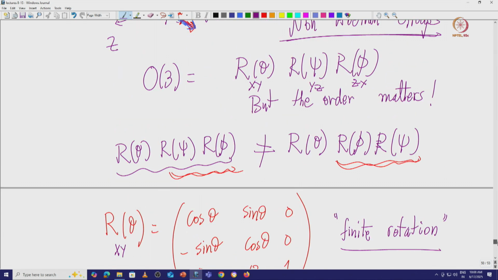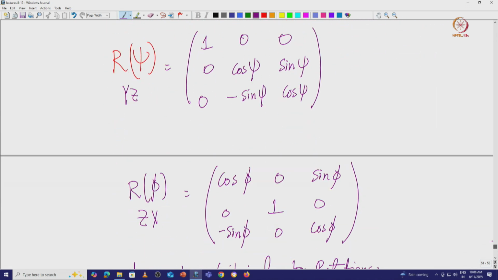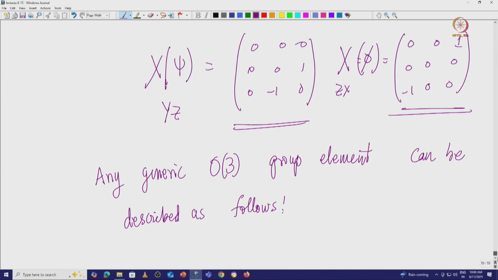There is always an identity element in the orthogonal group, an identity rotation. So you can imagine that you start with no rotation and then do small rotations, and if you do that n number of times, that series ends up being cos theta, sin theta and minus sin theta.